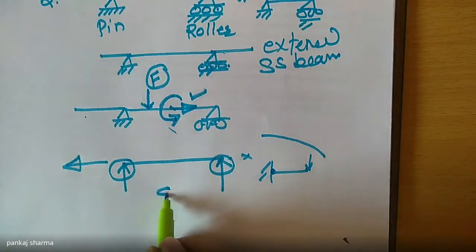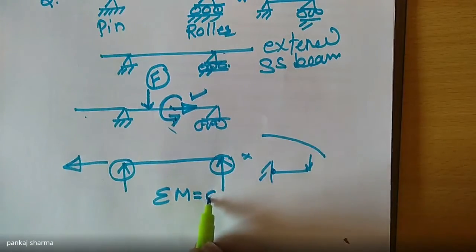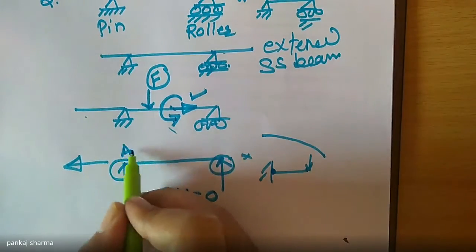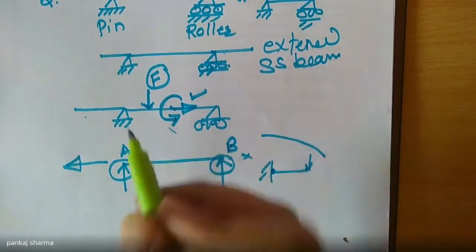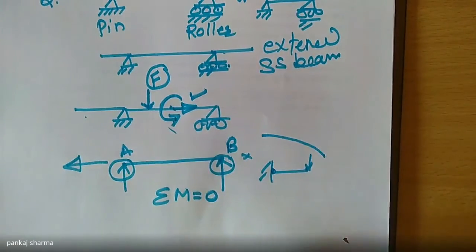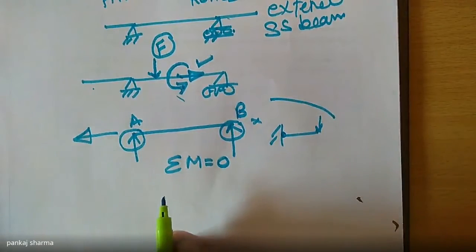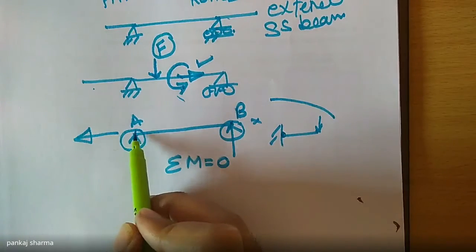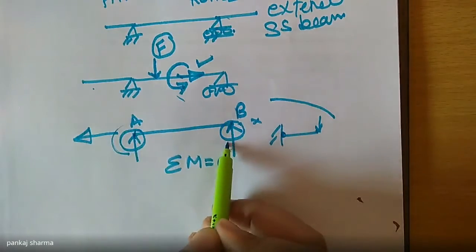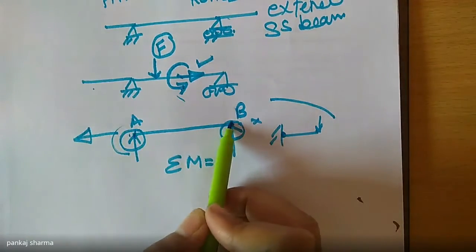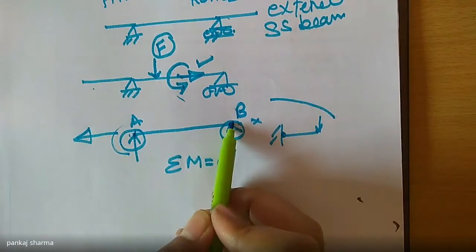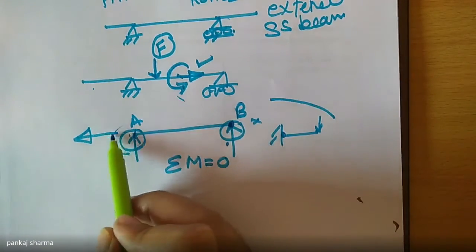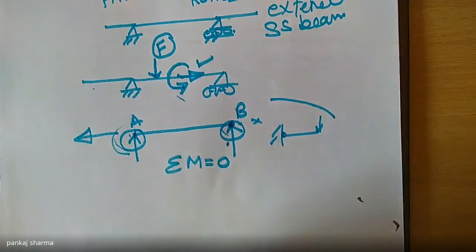So the net moment equal to 0 is useful with respect to A, with respect to B, with respect to any point C. So how many unknowns are there? At these supports there will be no moment reaction, because the nature of pin and roller is to allow the beam to rotate.